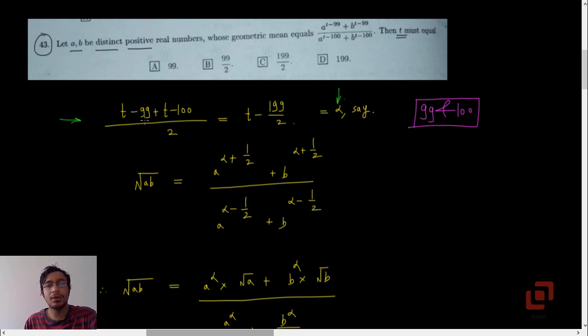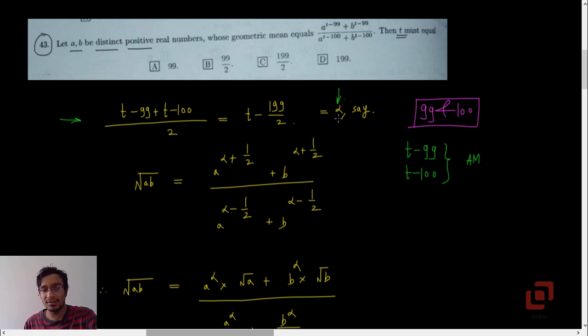The first power is t minus 99 and the second power is t minus 100. So first I found the arithmetic mean of these two numbers. That gave me t minus 199 upon 2, and this is what I am calling alpha.